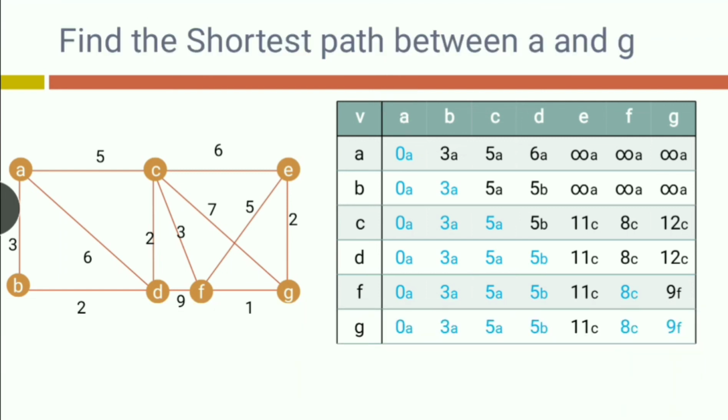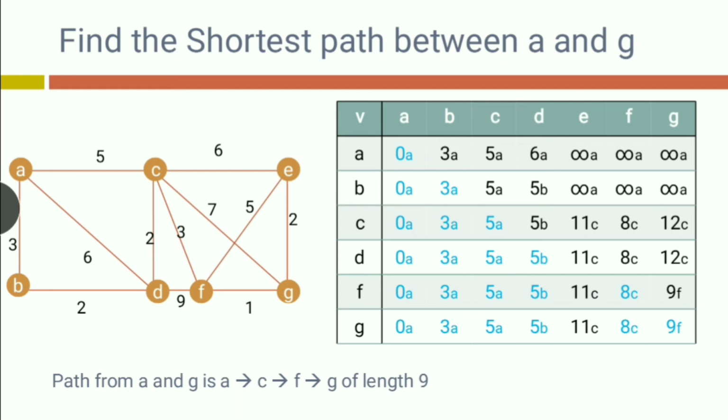So this is the path: A to C to F to G, of length 9. We have 9 here. So the shortest path between A and G is A to C, then C to F, then F to G, and it is of length 9.